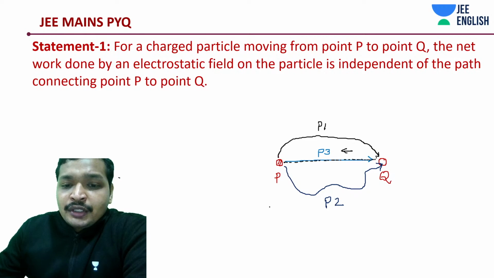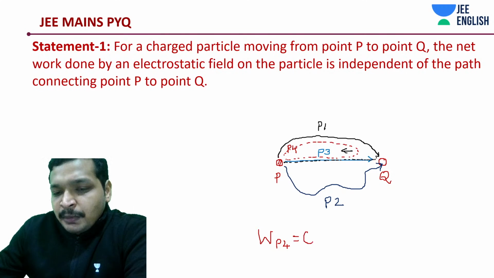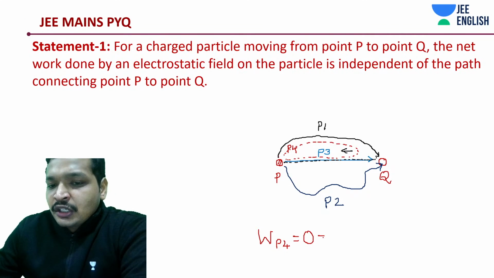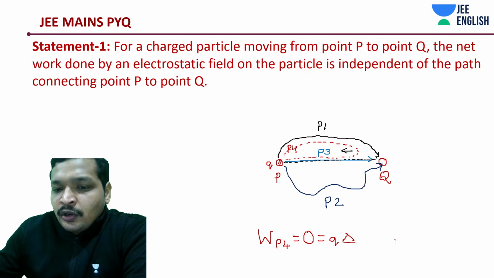So you definitely know that work done in this path, let's call this the new path in which you are moving this closed loop, P1 to P3, let's call this P4. Work done through P4 is 0, because initial position is equal to final position, because it's basically q delta V and it's the same charge q that has been moved through all this.